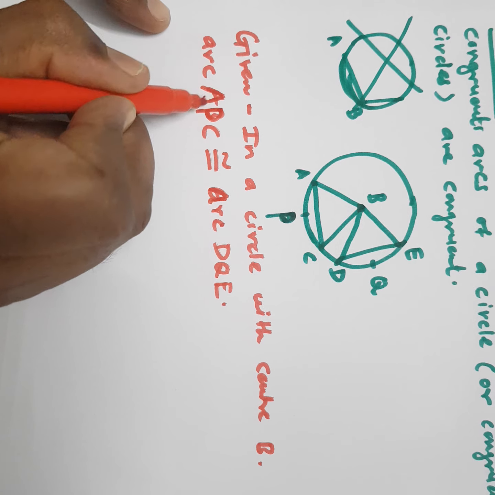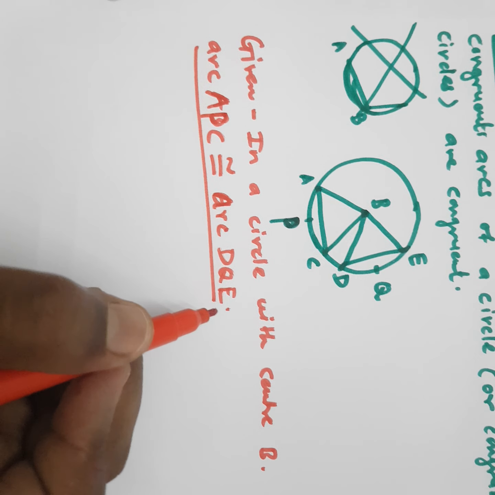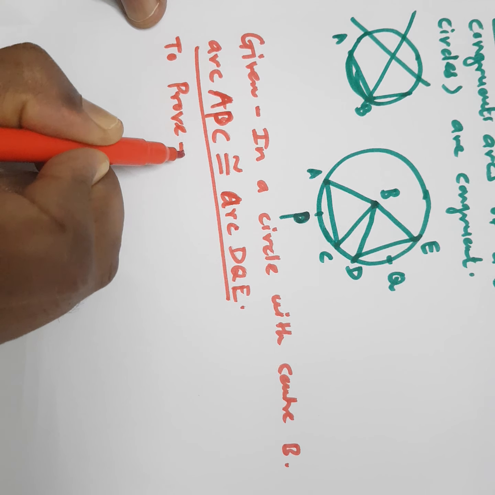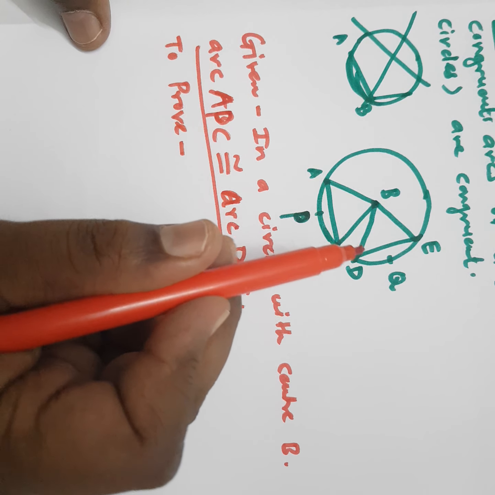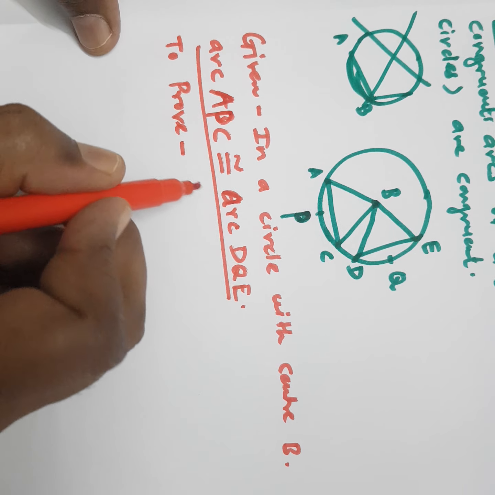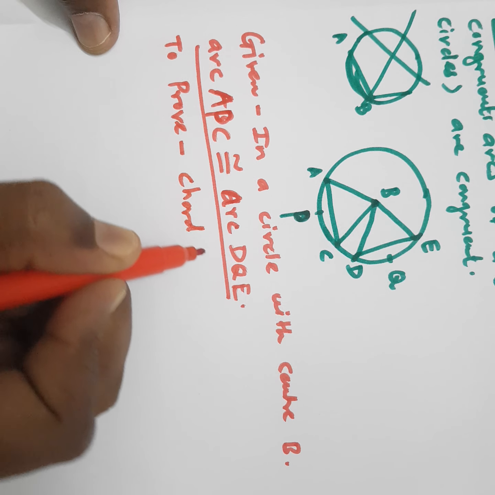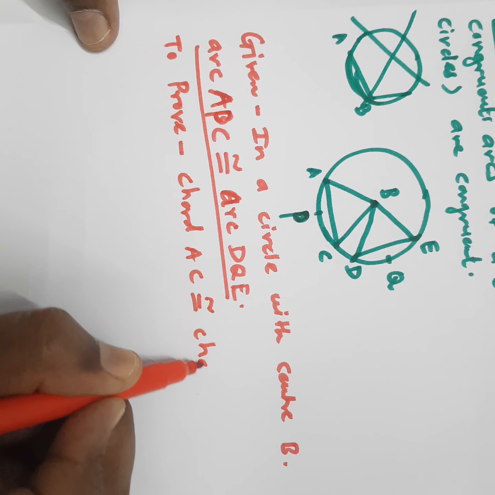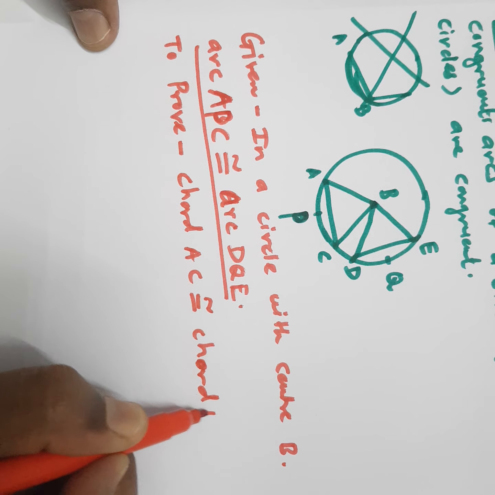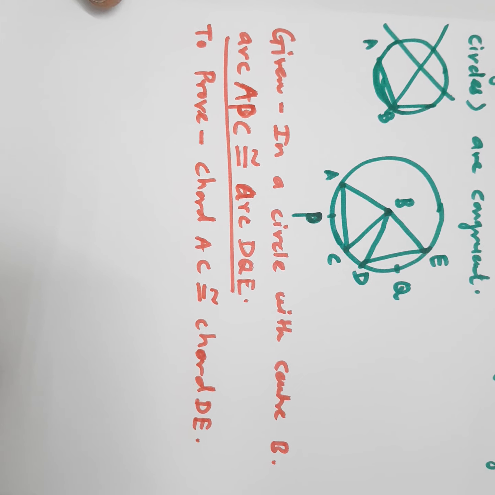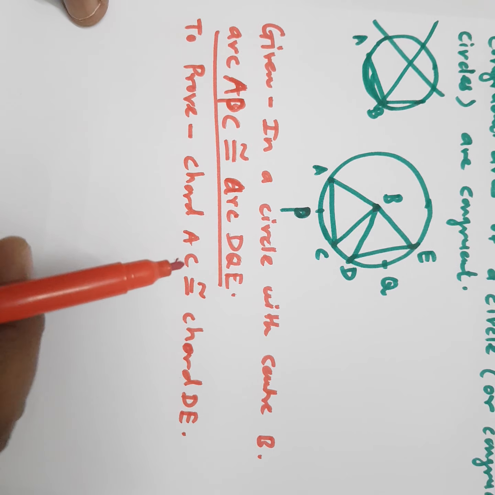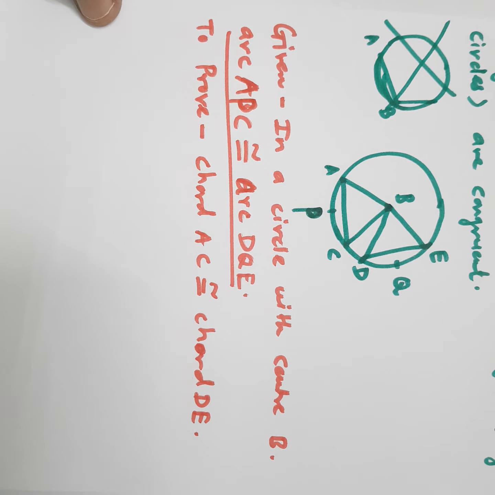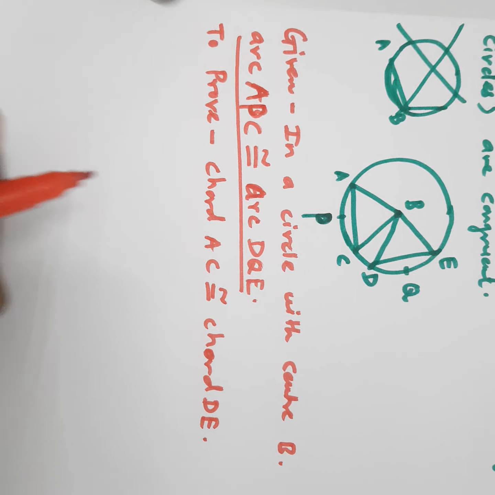To prove: the chords corresponding to congruent arcs, that is chord AC congruent chord DE. Chords corresponding to congruent arcs are congruent. Here we will see the proof.